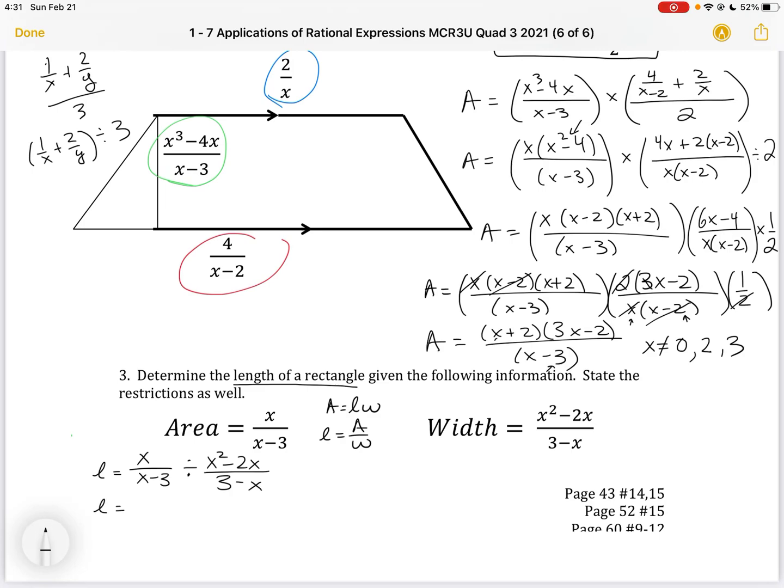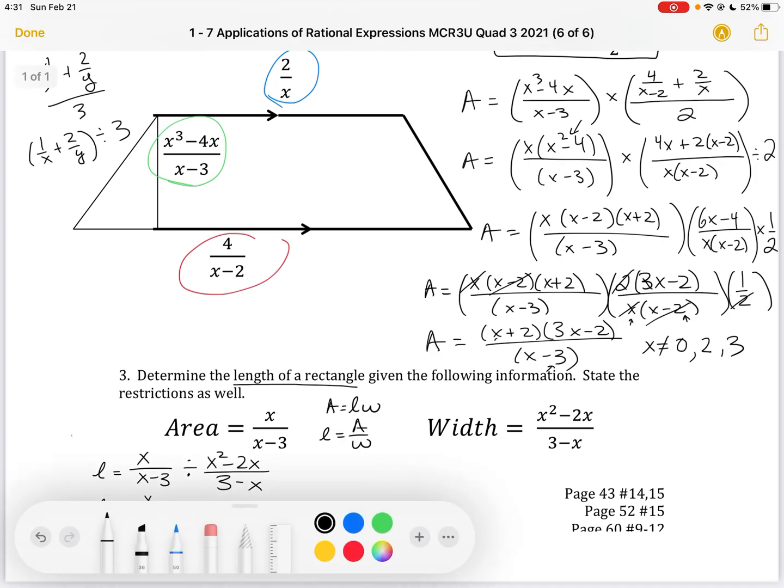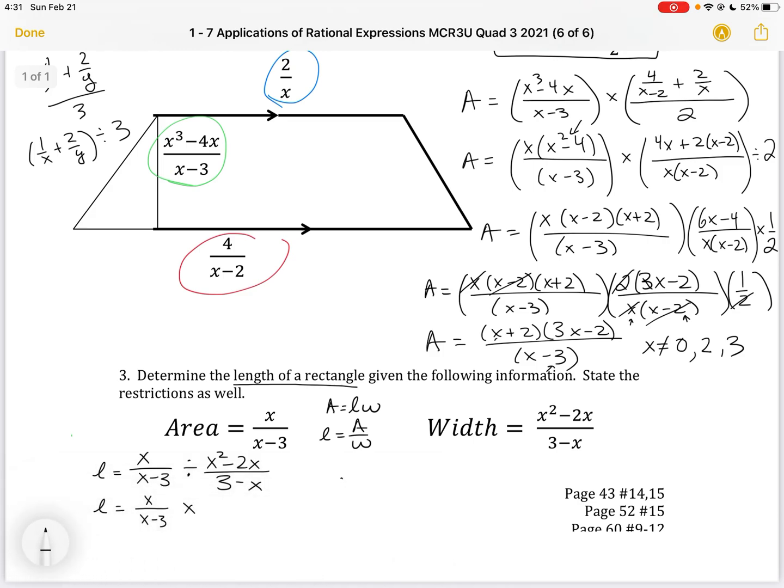The next thing that I'm going to do is invert and multiply. And I'm going to do some factoring at the same time. So here I've got 3 minus x. I'm going to pull that up to the top, and I'm going to factor out a negative at the same time. The x squared minus 2x, I'm going to factor out an x and pull that to the bottom.